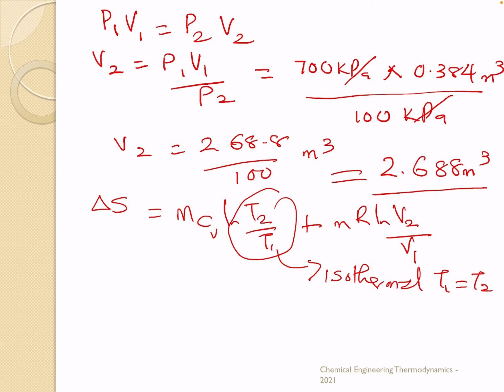So this will become ln 1, and we know ln 1 is 0. So this equation then becomes, changing S equals mR ln V2 over V1.